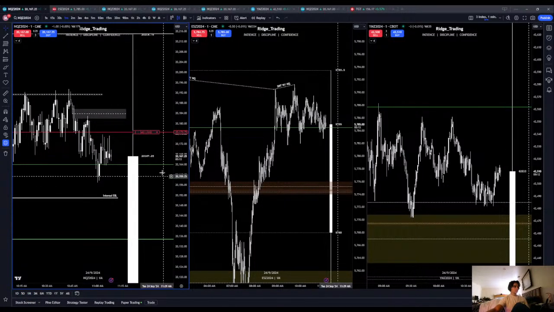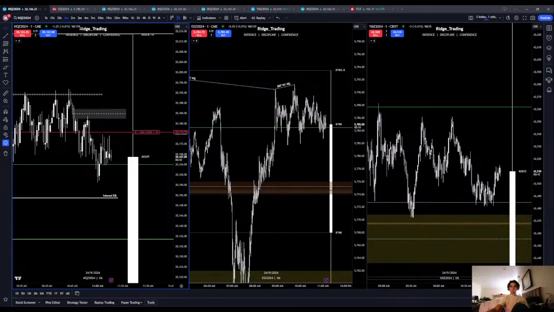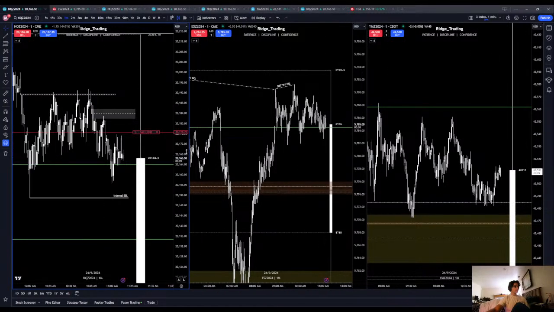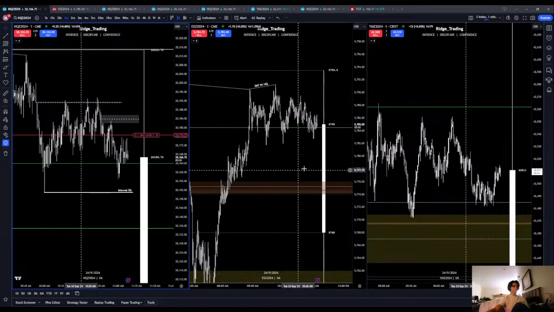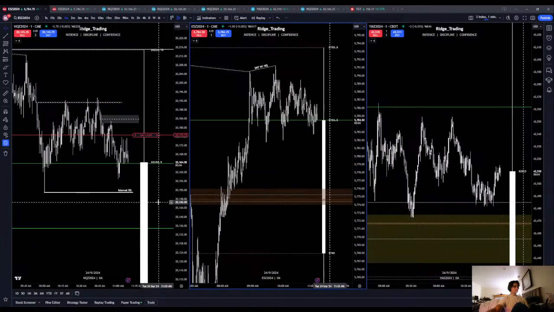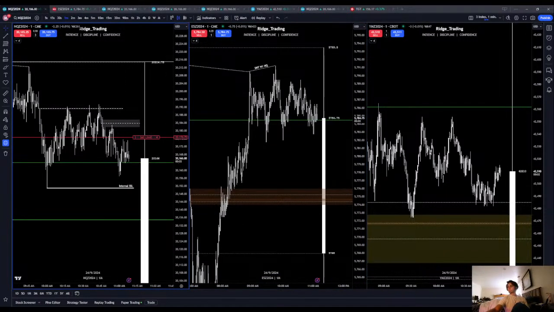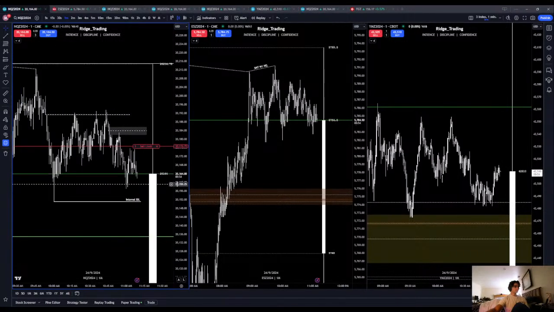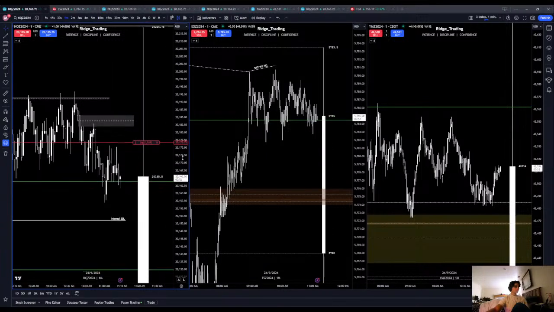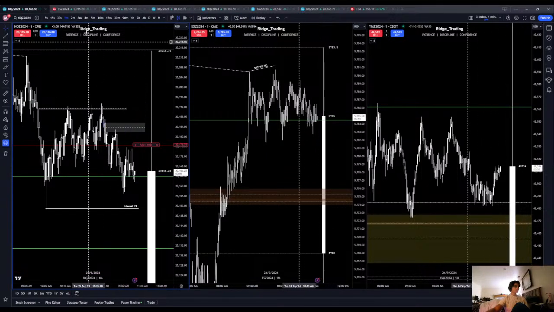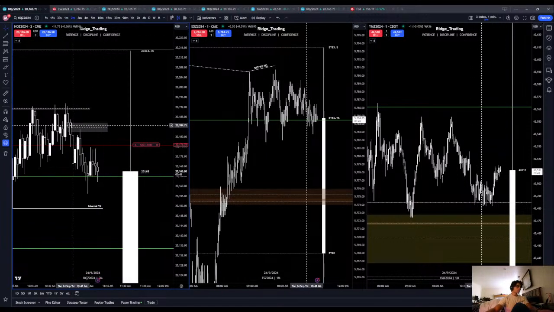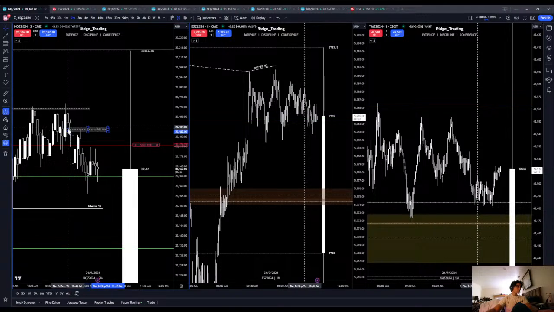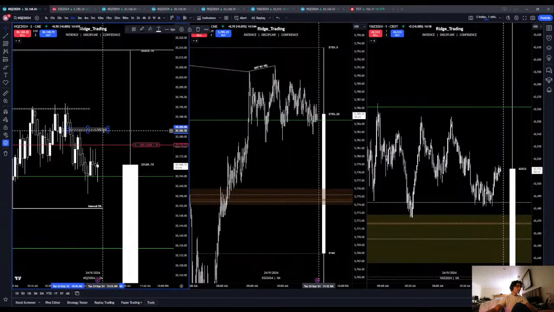So if you're already in this trade, that's great, but bias definitely showing bearish though, for sure. Shorten this.